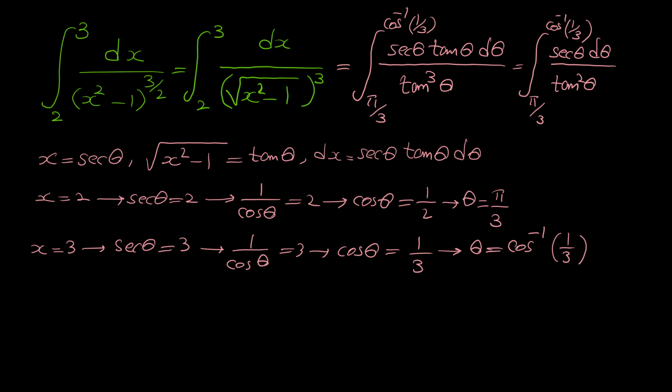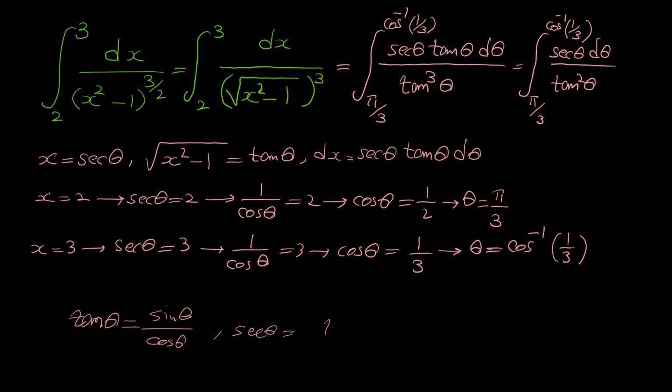For finding this integral of secant over tangent to the 2, we can write everything in terms of sine and cosine. Because secant is 1 over cosine and tangent is sine over cosine, so we can rewrite everything in terms of sine and cosine. Let me remind you, tangent theta is sine over cosine.